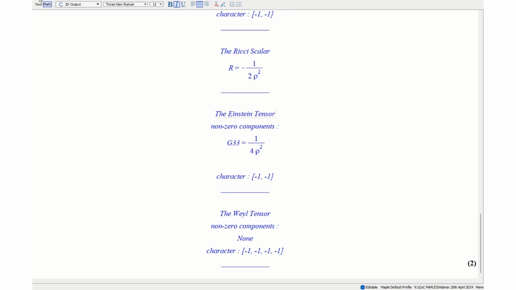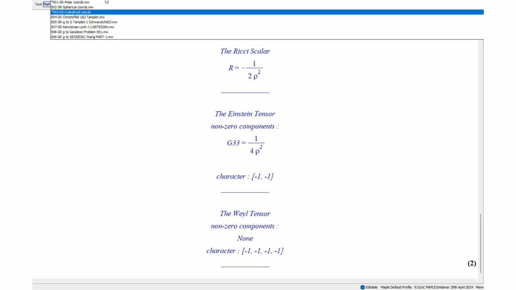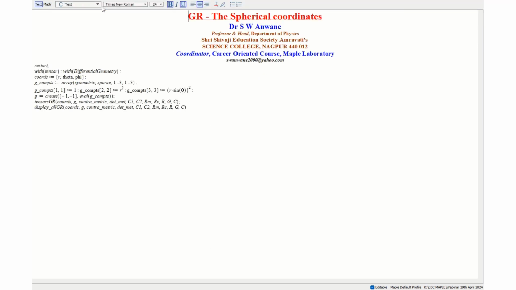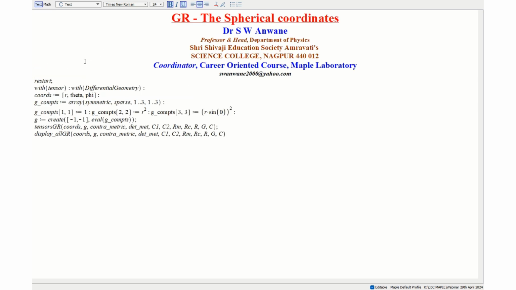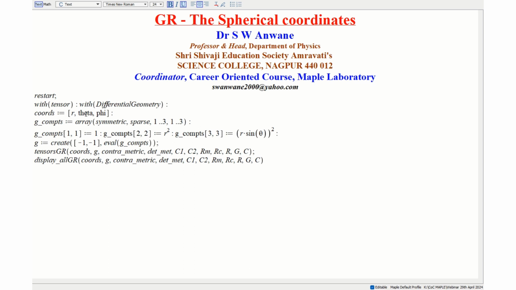Now we shall go for spherical coordinates. So for spherical coordinates you can see r, theta, phi.